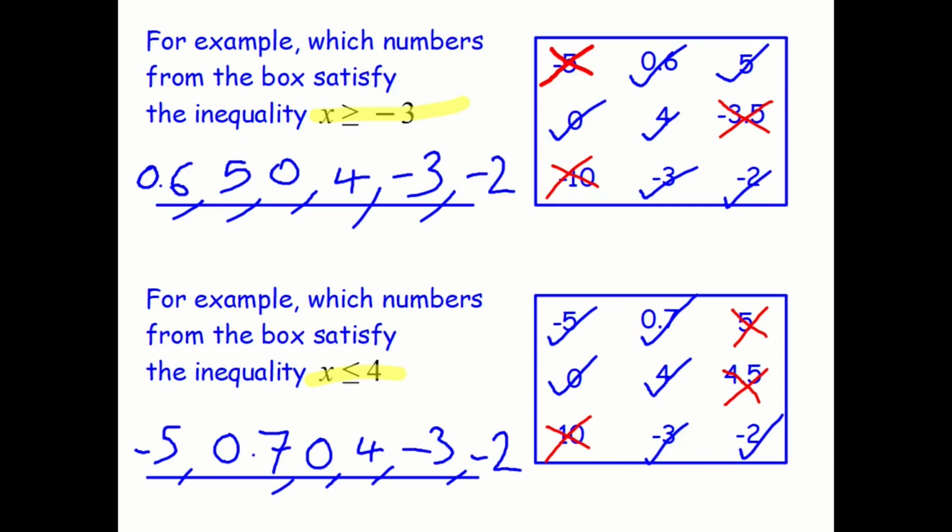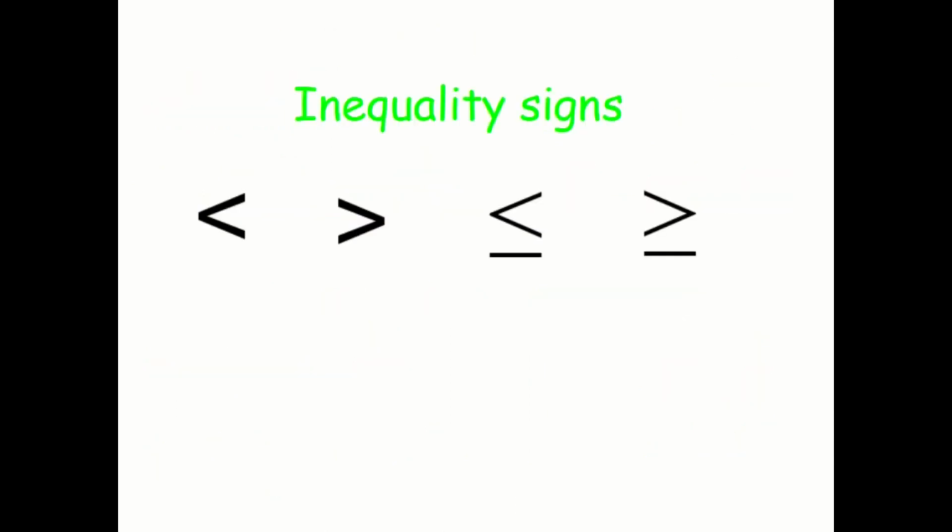But we say it as x is less than or equal to 4. So these are what we call the inequality signs, indicating that something is not equal to something. So inequalities, it's not equal to.